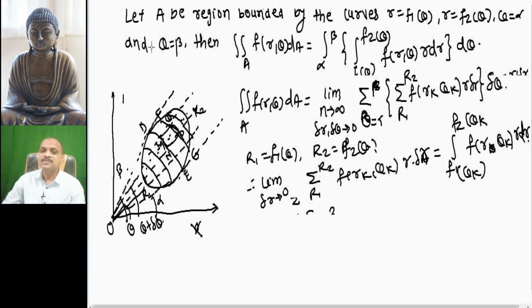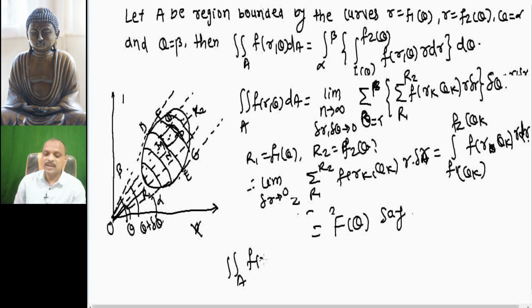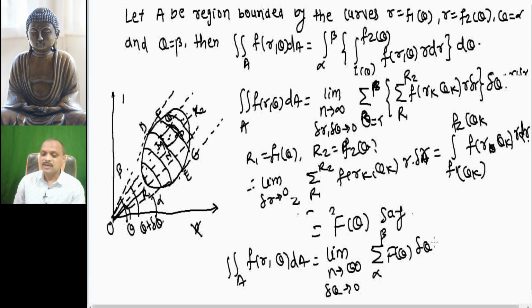When we evaluate this with respect to r and substitute the upper and lower limits, which are values of theta, we finally get a function of theta, let us call it F of theta. Then the double integration over A of f of r comma theta into dA equals the limit n tends to infinity, delta theta tends to 0, of the summation alpha to beta of F of theta into delta theta.